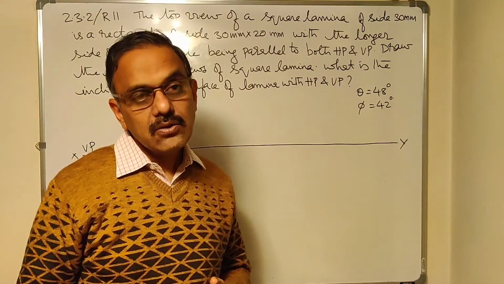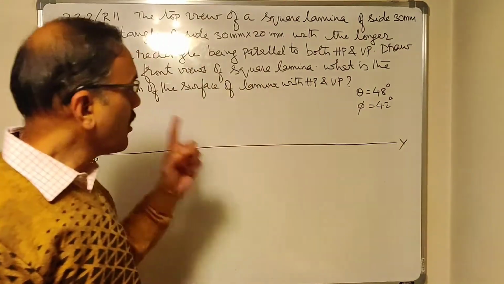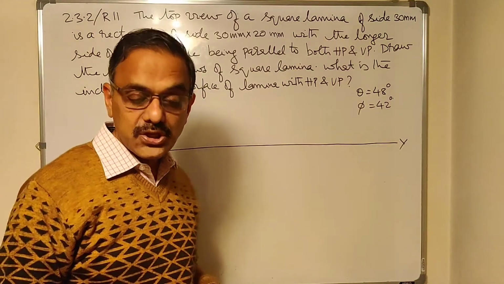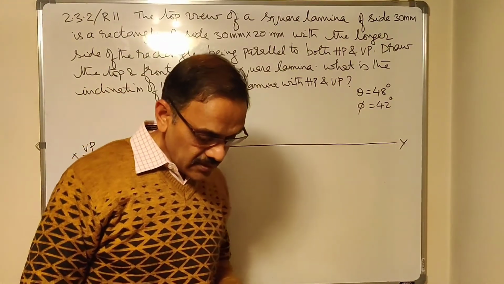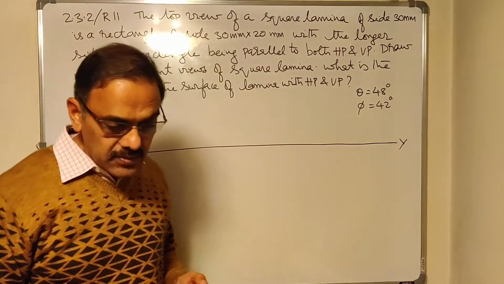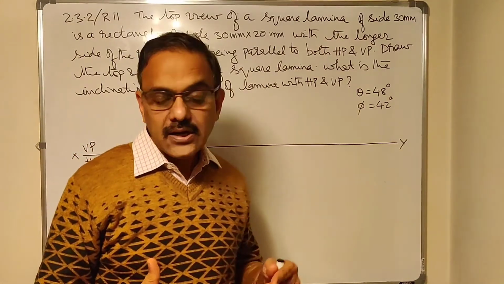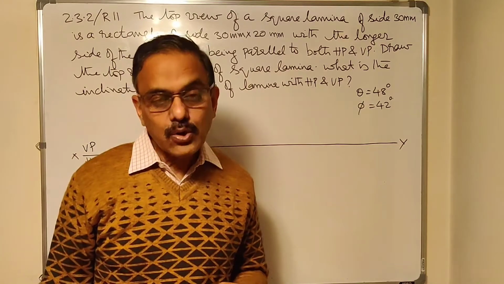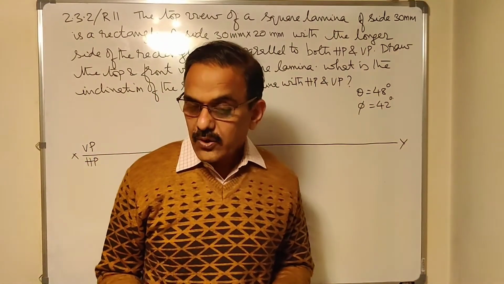The second thing that you are given is the longest edge or the longer edge, 30 mm edge should be made parallel to both HP and VP. This problem is not directly given to identify SP1, HPC and VPC, but closely if you probe into it, you can identify.